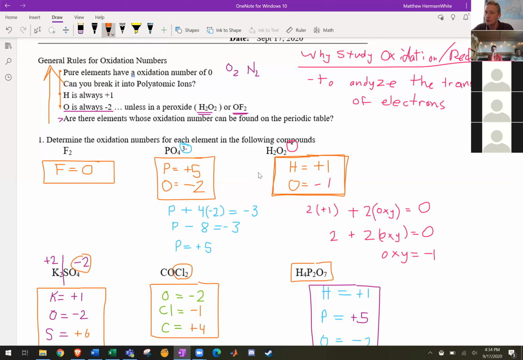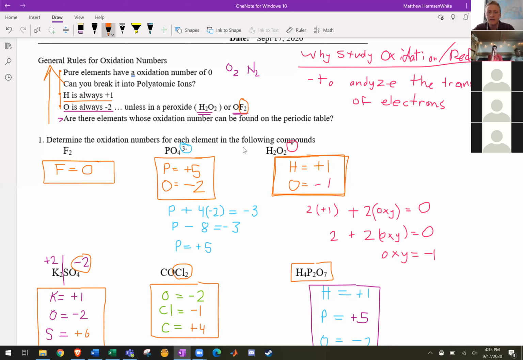Now, the only case when it won't be -2 is if hydrogen or fluorine is the only other element in the compound. In that case, the hydrogen takes importance over the oxygen, and you have to solve for the charge on the oxygen, which is just what we did here.